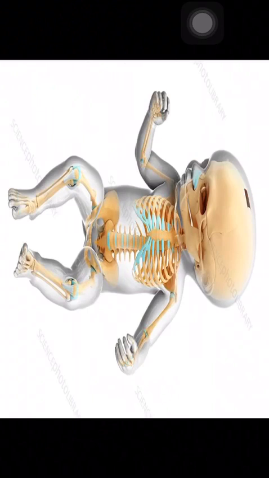Now, what are the functions of the skeleton? The first function of the skeleton is that it supports the body and helps to keep its shape. The shape of the human body is maintained because of the skeleton. In this slide, you can clearly see this baby has no bones in his body.